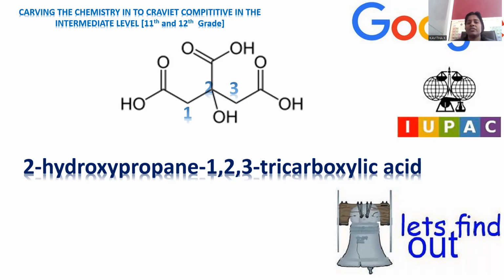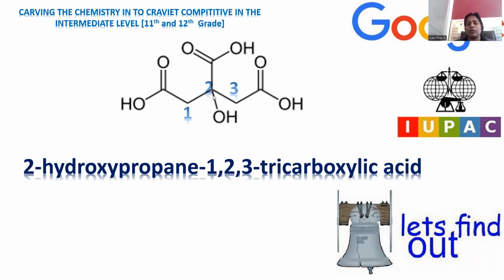But in the case of this typical compound with tricarboxylic acid functional groups, the carboxylic acid is specially taken as a tricarboxylic acid, and whatever remaining chain is there is to be taken as the parent. If you exclude the three carboxylic acids, the leftover will be 1, 2, 3, a three carbon chain.